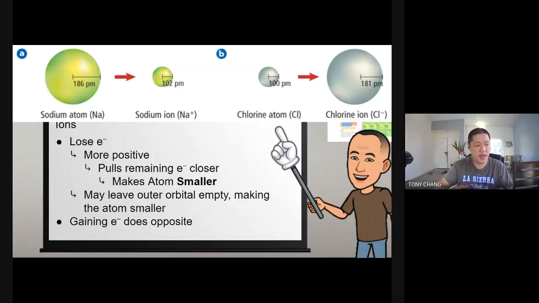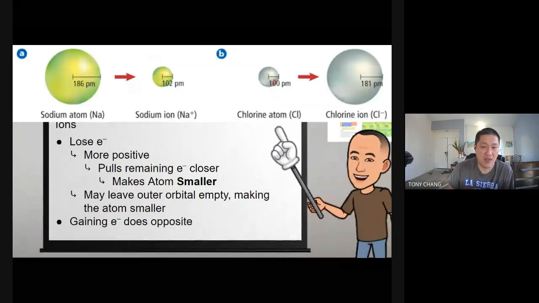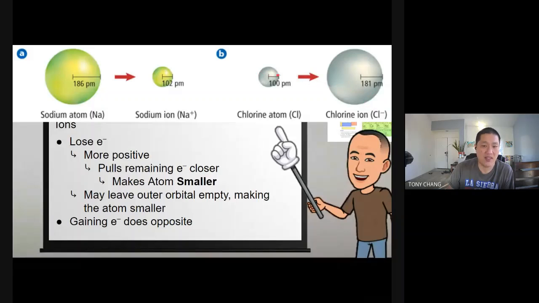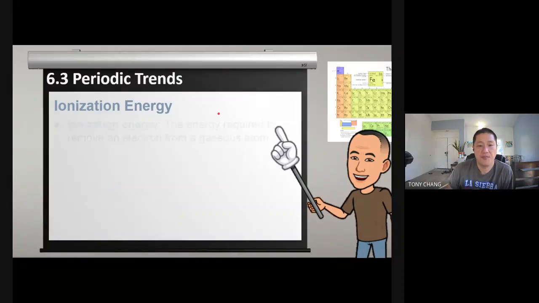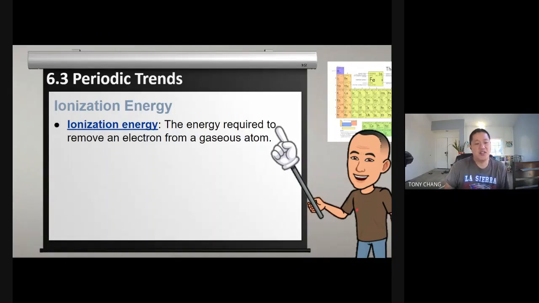If it becomes more positive, it's going to suck in the electrons more. So that's why the sodium atom gets smaller. Let's look at chlorine. Chlorine becomes a chlorine minus, so it gains an electron, so it's going to get bigger.